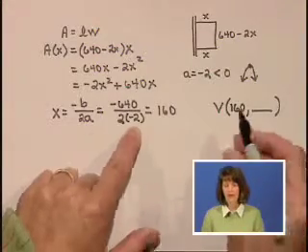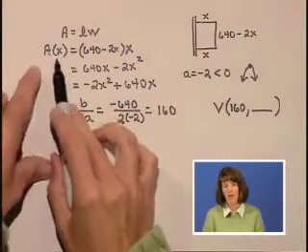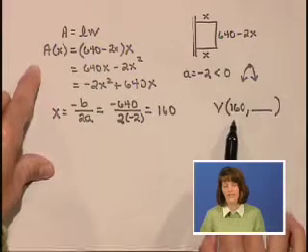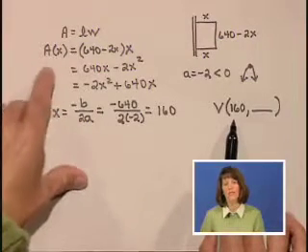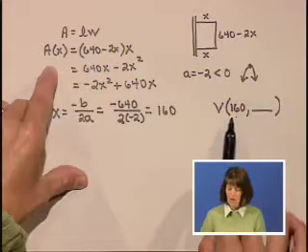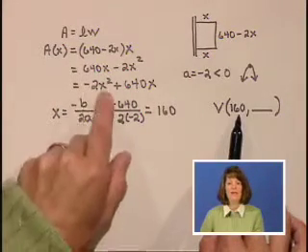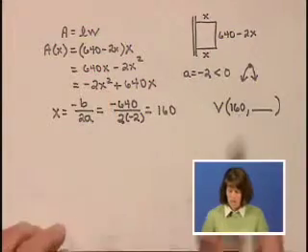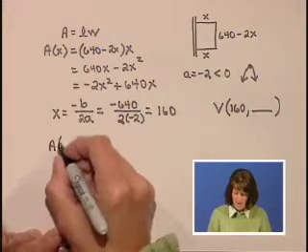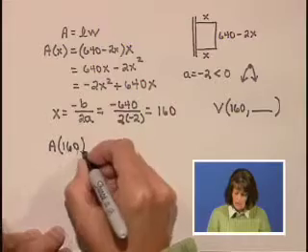But we're actually asked to find, okay, now what's the area value when x is 160? So now we want to find the actual maximum area. We'll find that by substituting 160 in for x in our area function. In other words, we want to find the area evaluated at x equal 160.